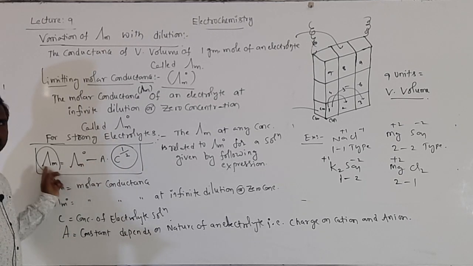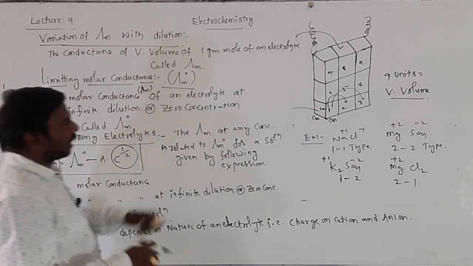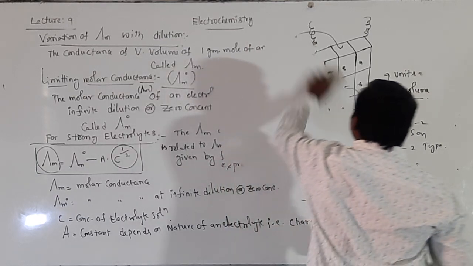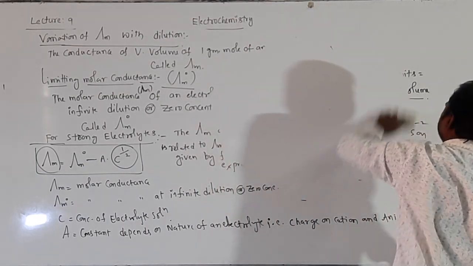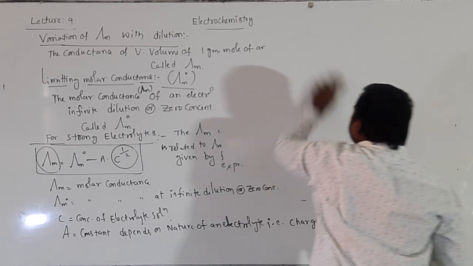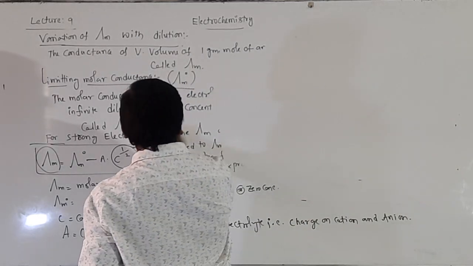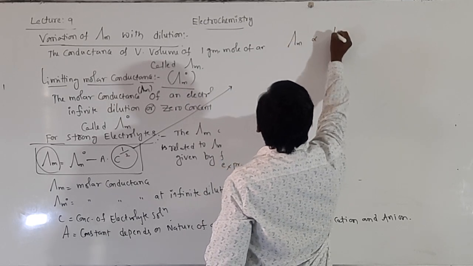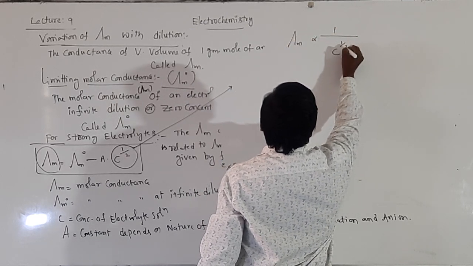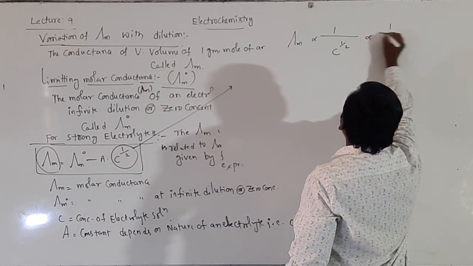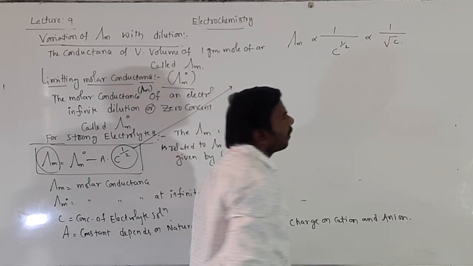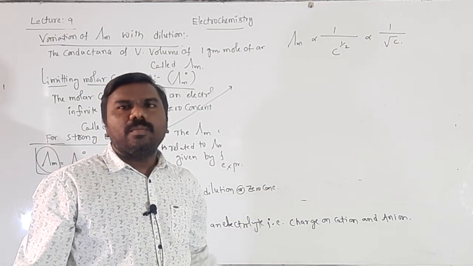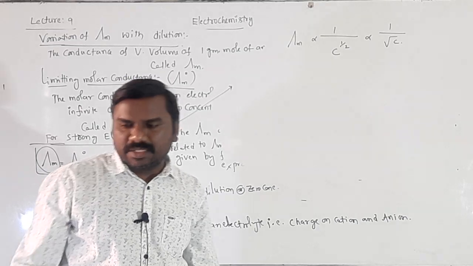Negative sign is there, that is why it is inversely proportional. So from this expression I am writing that lambda m is inversely proportional to C power half, nothing but 1 by root C. It means concentration increases, molar conductance decreases.